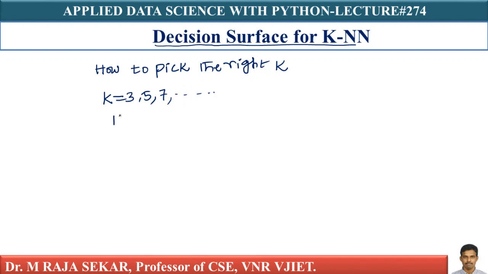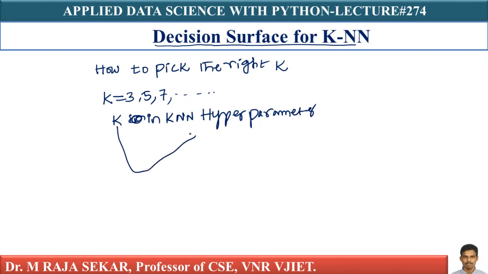So k in KNN is often referred to as a hyperparameter. Just recall my lecture number 179. In this lecture, I discussed linear regression demonstration.